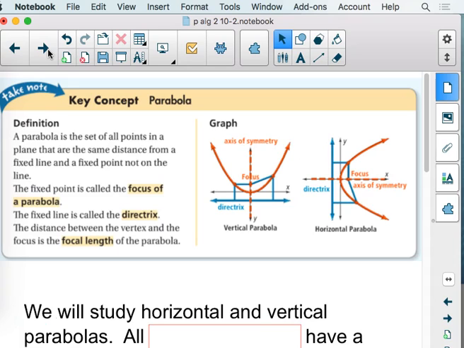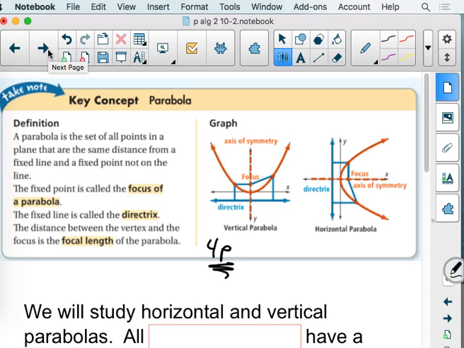Now the distance between the vertex and the focus is called the focal length of the parabola. That just sounds difficult. We're going to find out that in these equations, we're going to have this piece called 4p. 4 shows up in parabolic equations. It just does all the time. Now 4p is called the focal width.